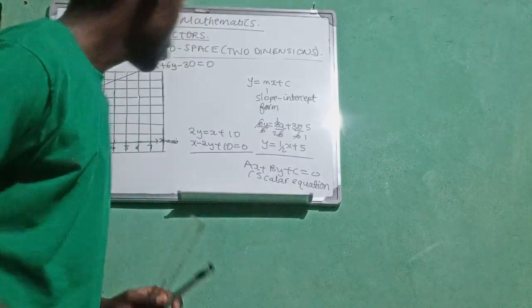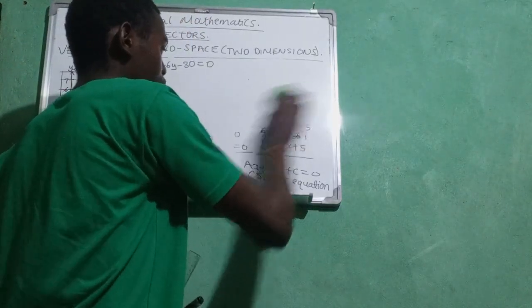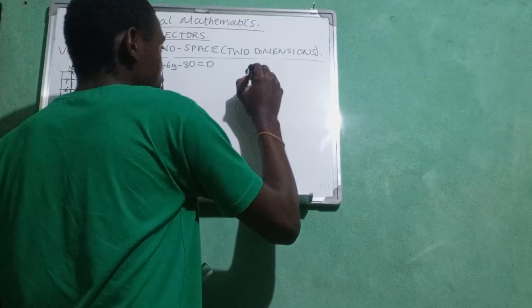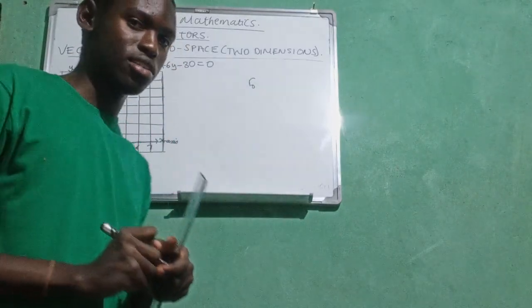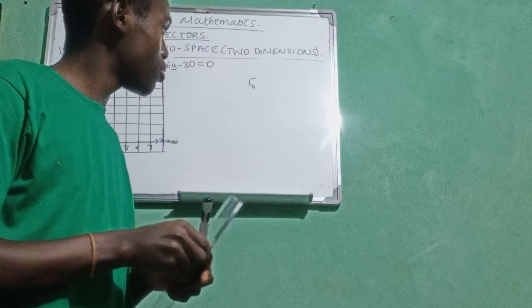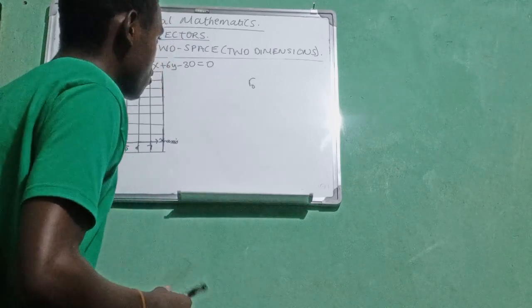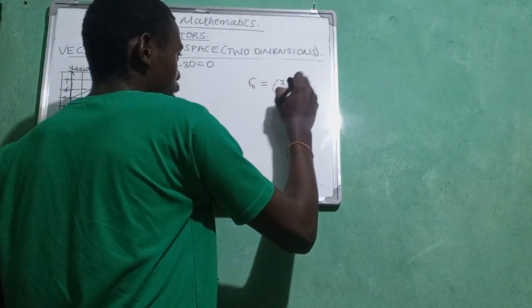Very important. Here we have to know a few essential things. A position vector is represented by a letter r with a small letter 0, which is called r0. A certain position vector r0 can be equal to (x, y).